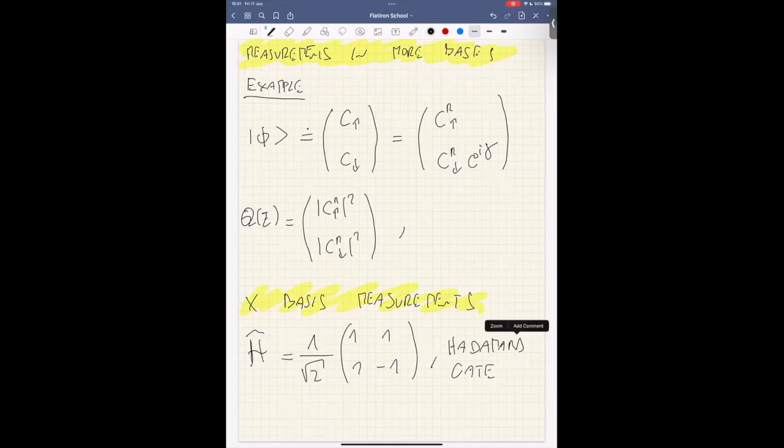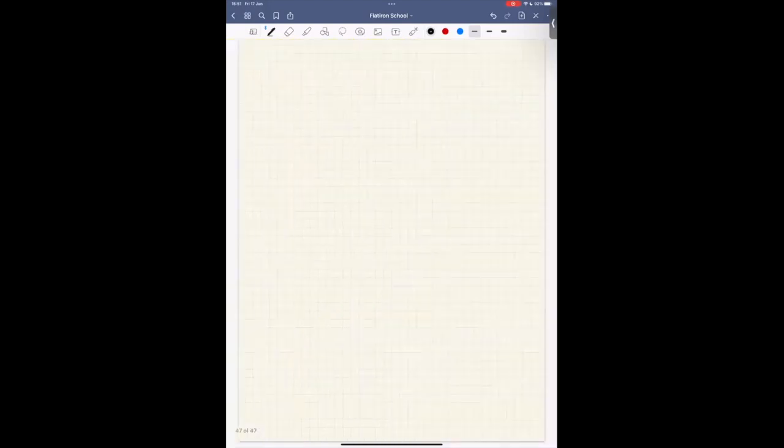So just to see what happens, my state now in the X basis is just given by the application of the Hadamard to my initial state in the Z basis. Maybe I will be explicit and put a Z here. Now we can do the calculation.